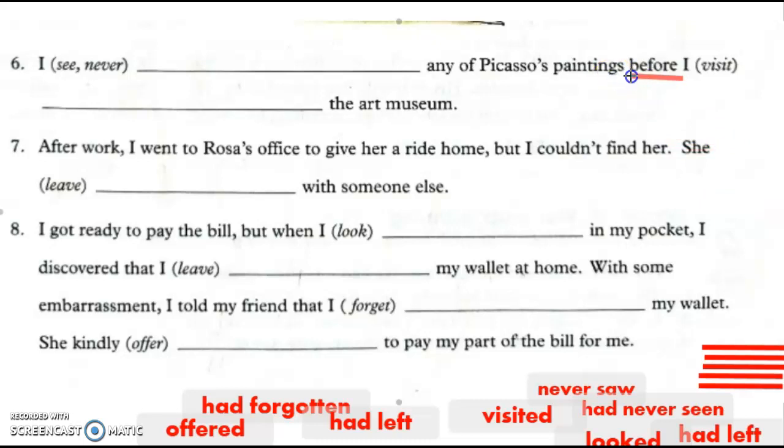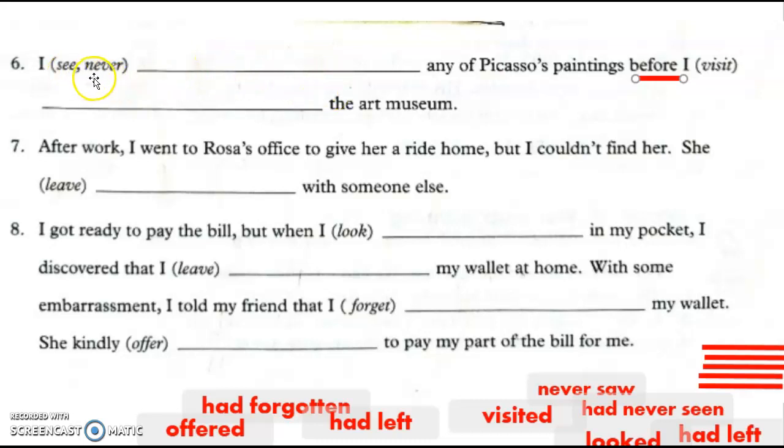The expression of time is before. So do you think the verb see or the verb visit happened before? Here it's the verb see, because before I visited this, I had never seen any of his paintings.